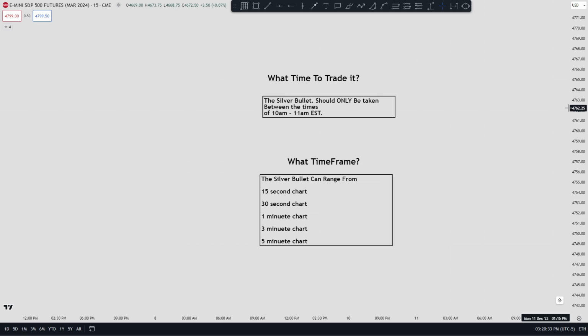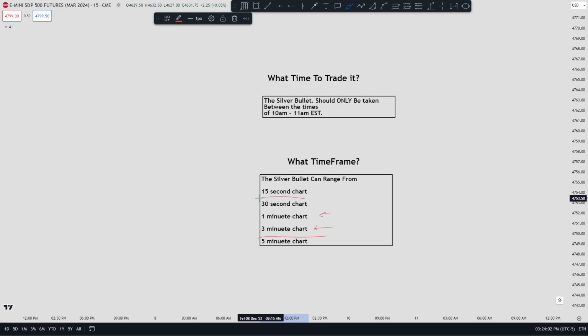Next, we want to look at what time frame. The silver bullet can range from the 15-second chart, the 30-second chart, the 1-minute chart, the 3-minute chart, and the 5-minute chart. As a beginner, I recommend that you guys start on the highest time frame. And as you progress in your trading, you can go up to the 3-minute time frame and then eventually the 1-minute time frame.